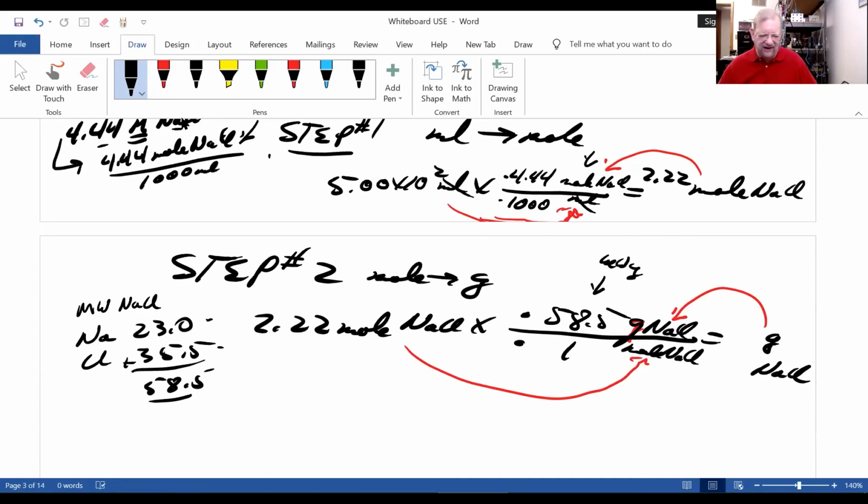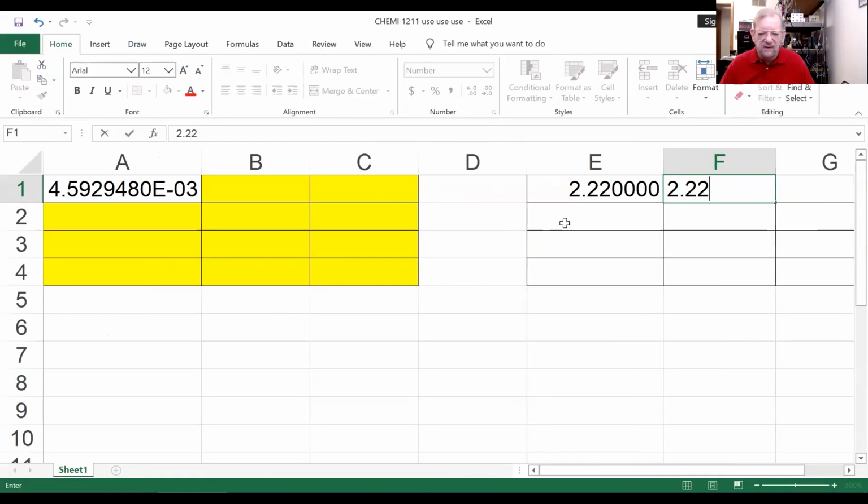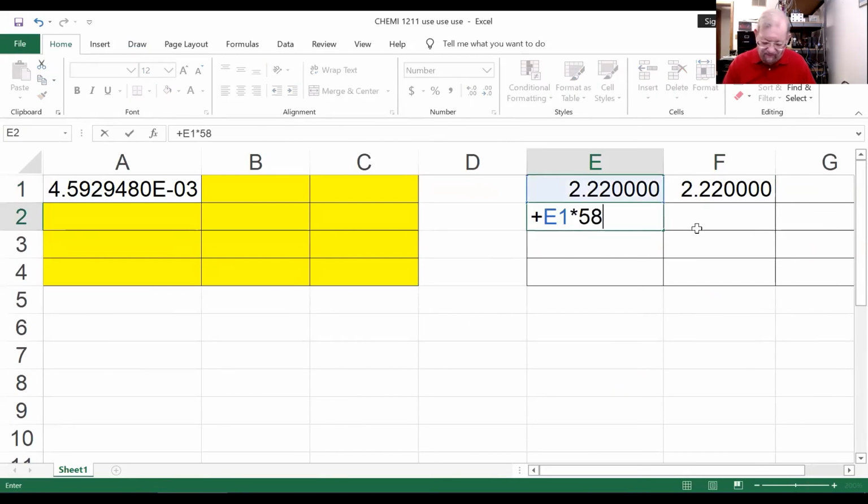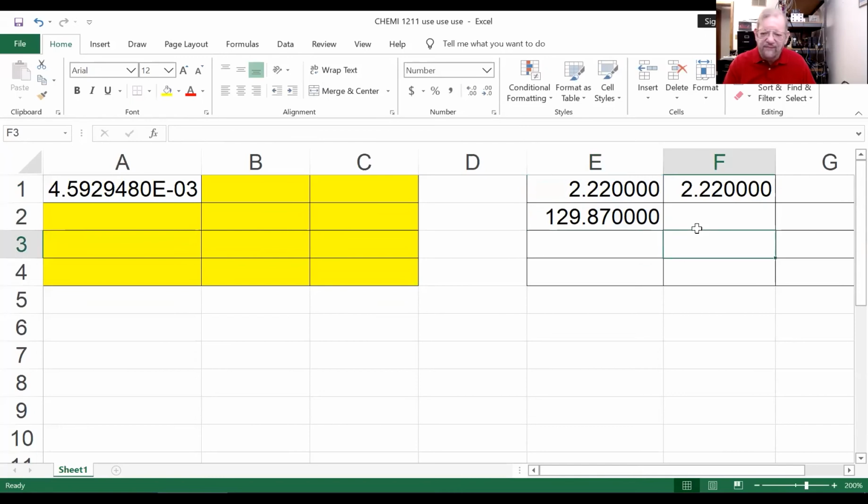58.5. Before I continue, moles of sodium chloride divided by moles cancel out. I'm left with grams. So now I can go back. And if you round this off to 3 significant figures, now this one is a gray area.